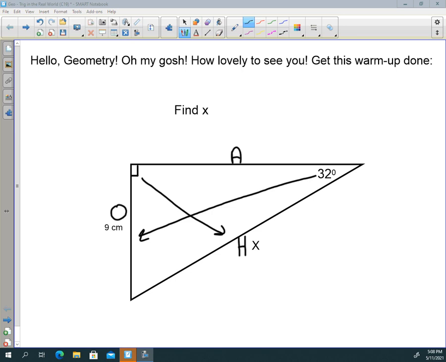So now that we have labeled these sides, let's notice what we have and what we want. What we have is the opposite side. We know it's 9 centimeters long. What we want is the length of the hypotenuse, and we really don't care about what's happening with the adjacent side. So now we're going to use that information to choose the correct trig ratio.